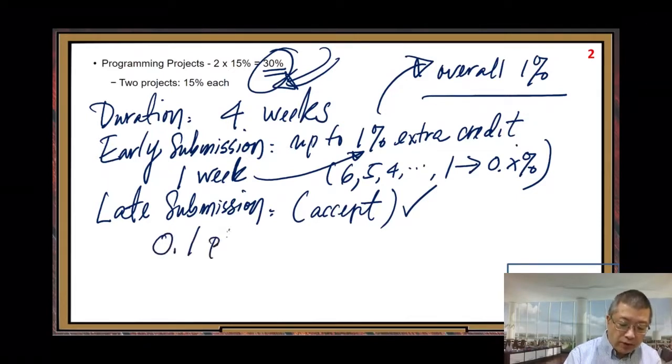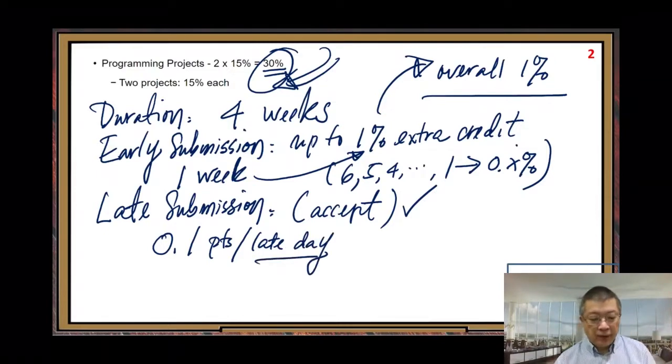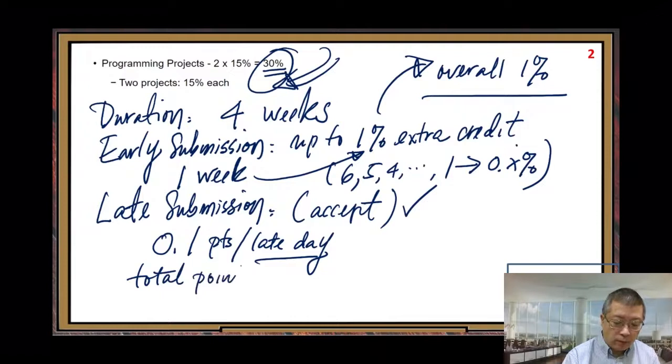0.1 point per late day. Yeah, 0.1 point. How small it is? The total points for this project: look at here, 15% each.